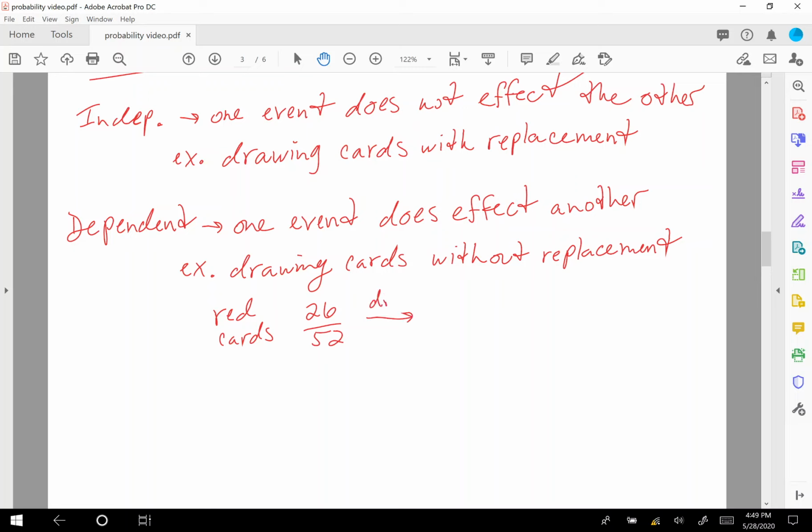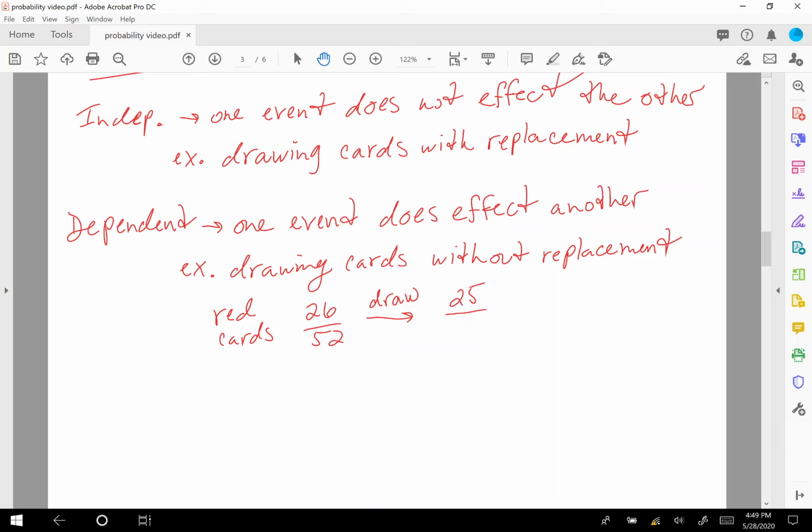So now I draw one, and let's say I drew a red card. Think about what that does to these two numbers. If I draw a red card on my first time, now instead of 26 red cards in the deck, there's only 25. And then think about the total.